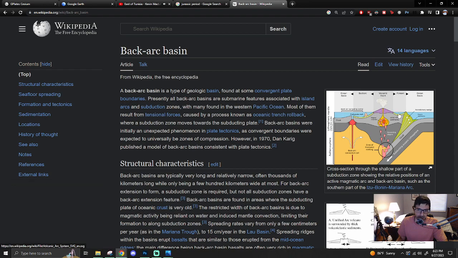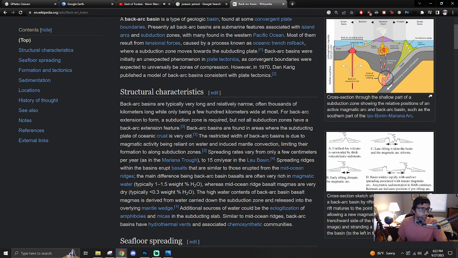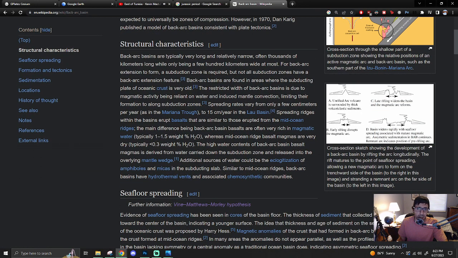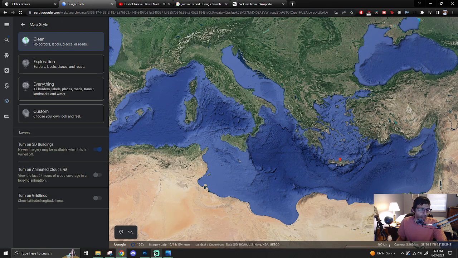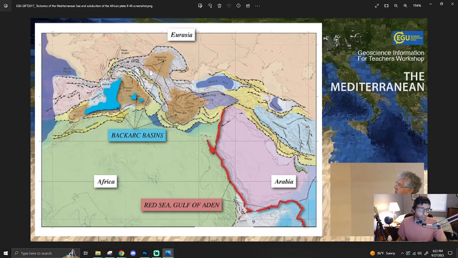A basin formed behind a collision zone where a volcanic front exists, or some kind of, maybe not volcanic, unclear. Probably not volcanic. Okay, not that important. Some basins. Okay.